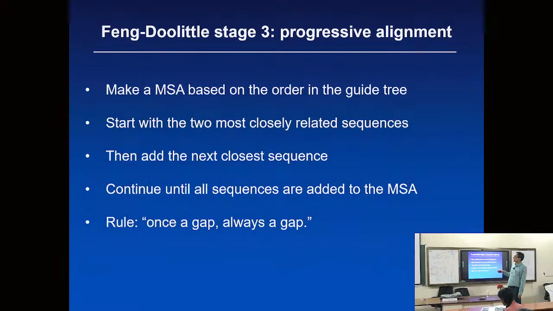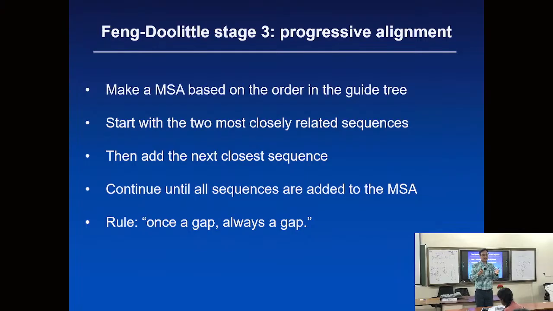So next step number 3 in the progressive alignment. So once you have constructed the guide tree, you have to perform multiple alignment using the guide tree. So you will start with two most closely related sequences. Okay. So multiple alignment you have to do.